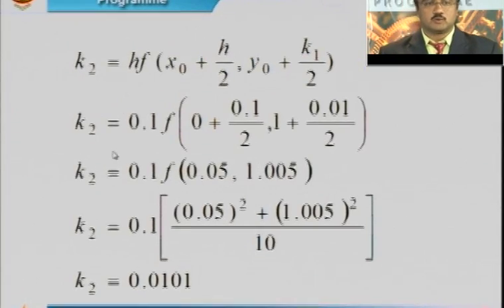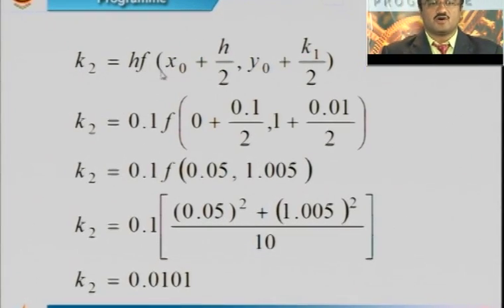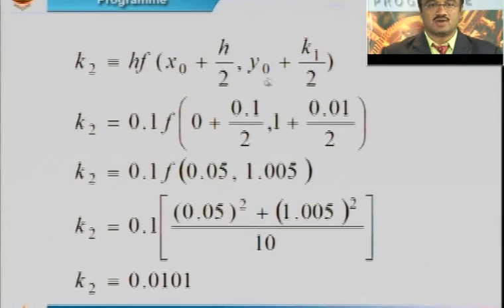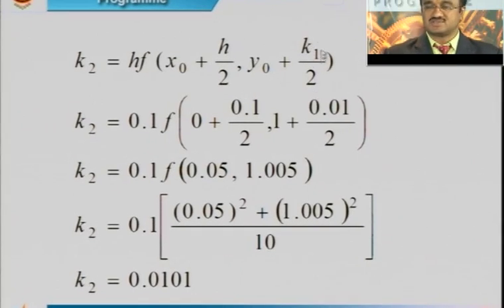Then k2 is h times f of x0 plus h by 2 comma y0 plus k1 by 2. It is the same formula, no changes, we just substitute the data. H is 0.1, f of 0 plus 0.1 by 2 comma 1 plus 0.01 by 2. Simplifying, we get f of 0.05 comma 1.005.